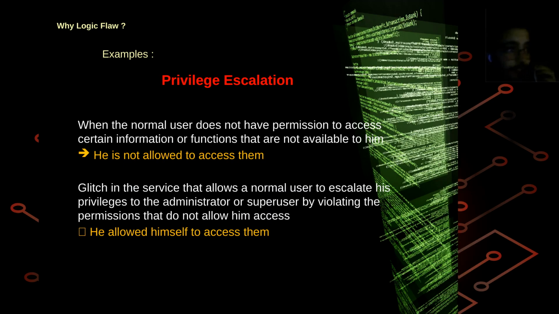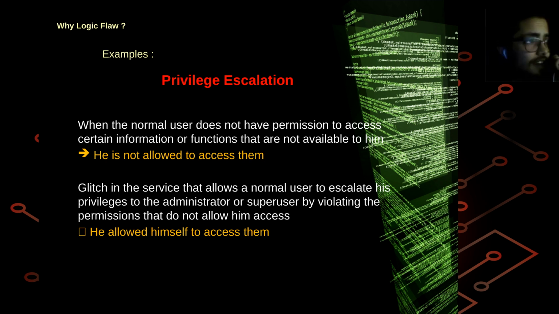So let's go now to privilege escalation. This is when a normal user does not have permission to access certain information or sections, so he is not allowed to access them. But if there is a glitch in the server that allows normal users to escalate their privilege to administrator or super user, then he is allowed to access them.